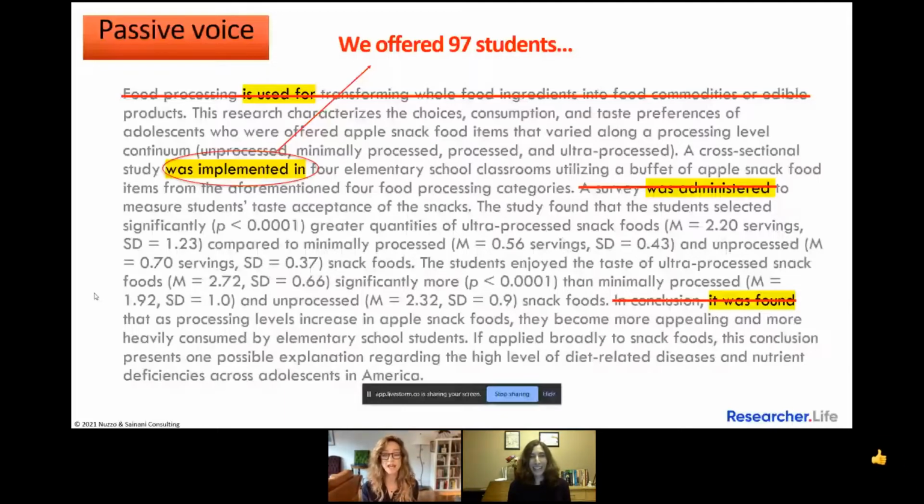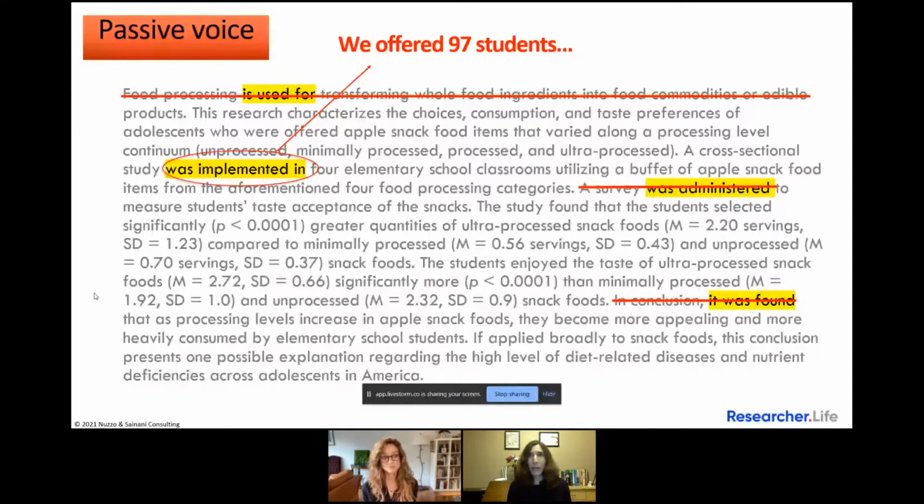I've talked to publishers, editors of scientific journals and asked them, can we use that first person voice, that we or I, or do we need to use passive voice? And they have all told me, do not use passive voice. The recommendations are to use active voice, and that means using first person if necessary. So we is fine.